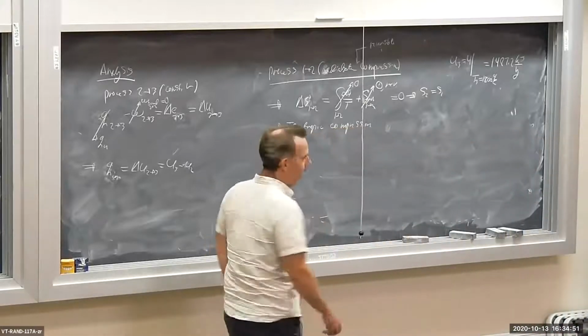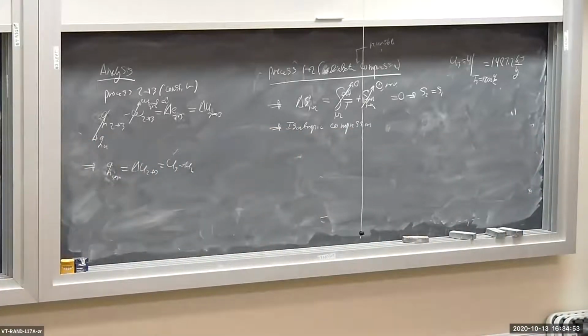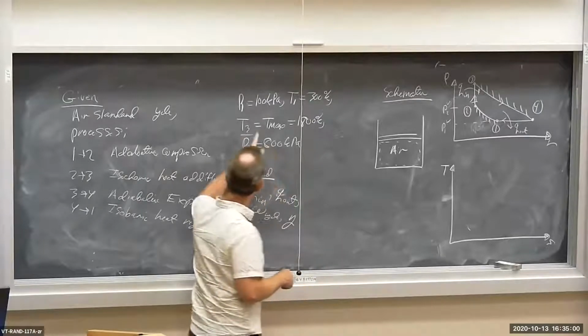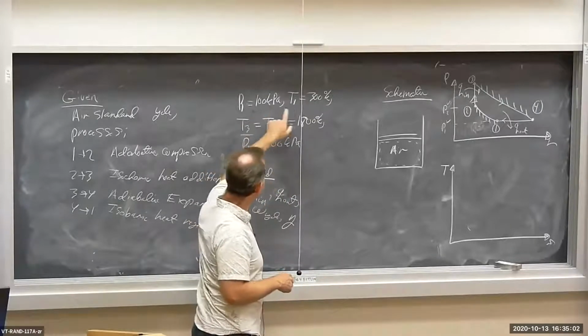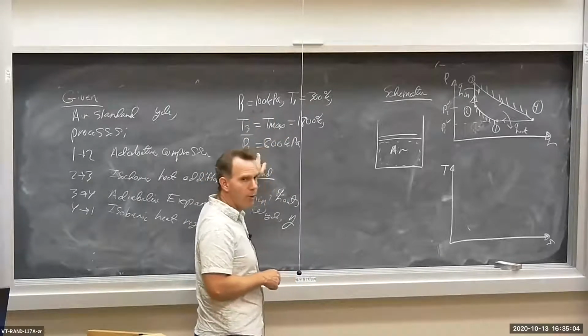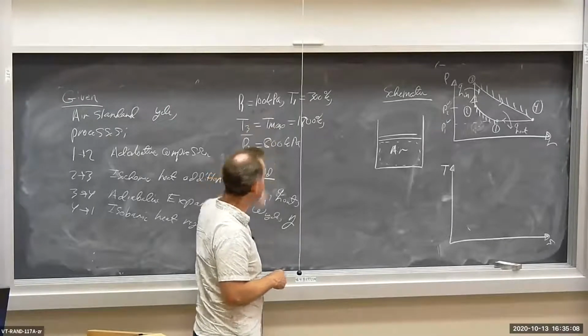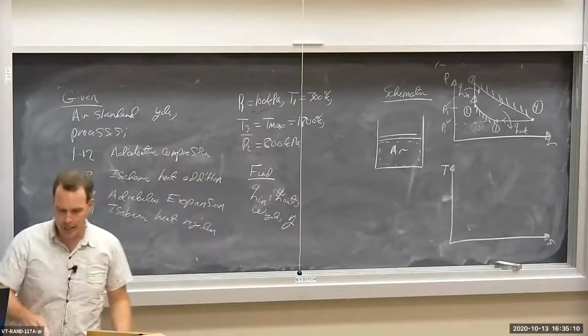Now, what else do I know about state 2? At state 1, I know the temperature and pressure. At state 2, I know the pressure. So I know the pressure change between 1 and 2, and I also know that it's isentropic.